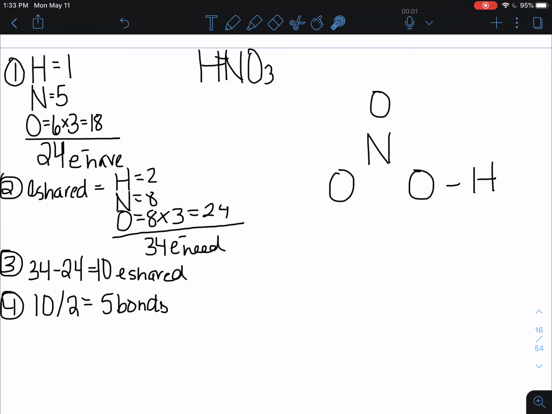So I have my atoms placed, and I already have one of the 5 bonds placed right here. So I need to place 4 more bonds. Well, I know that obviously I'm going to have a bond between each, so that's 4 total. I need 1 more. Does it matter where I put my double bond? Yes.